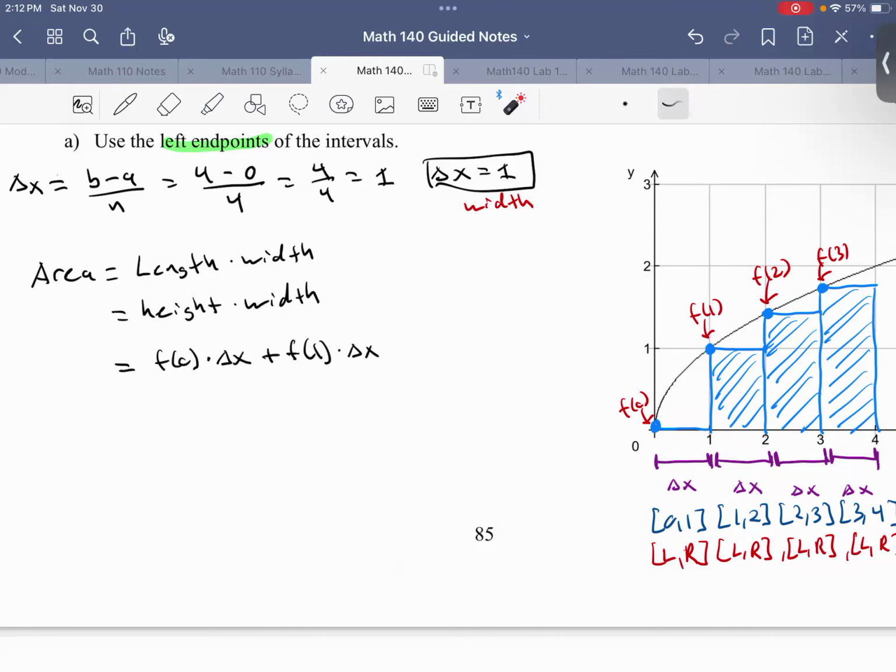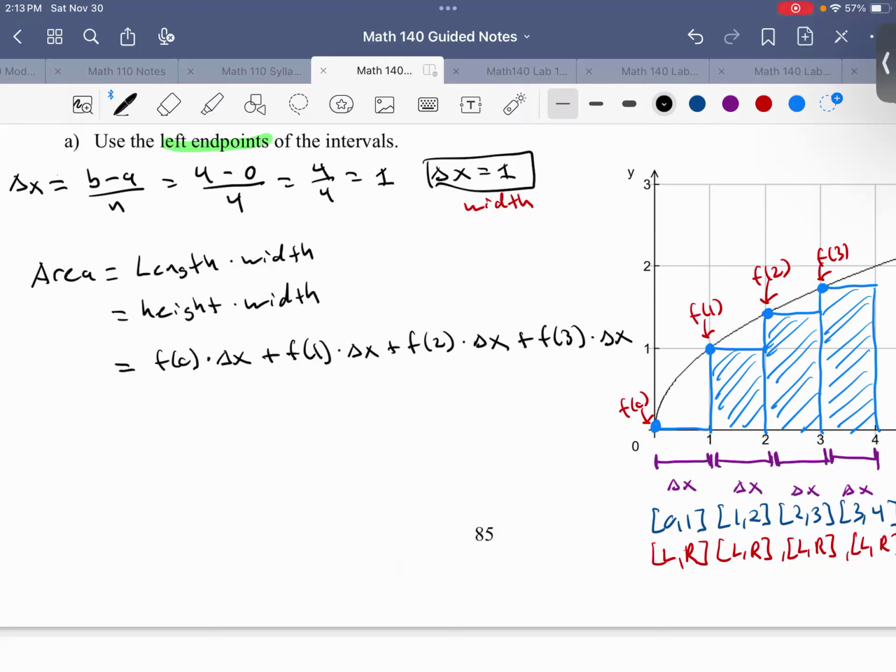Third rectangle, our height is f of 2. So plus f of 2, and our width is still delta x. And our last rectangle is f of 3. That's the height. And our delta x is the same. Our width is still delta x.